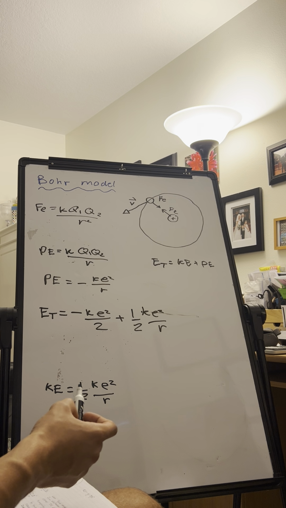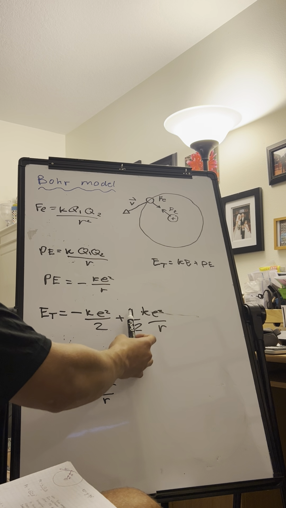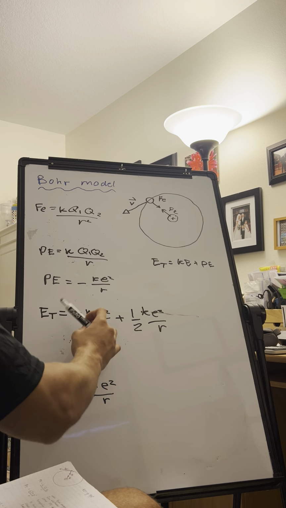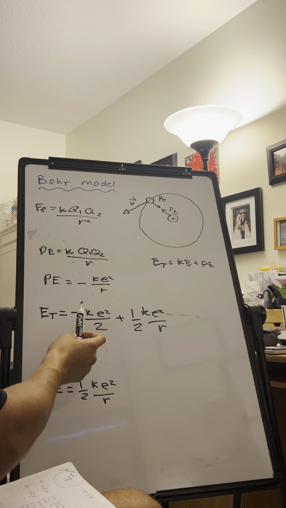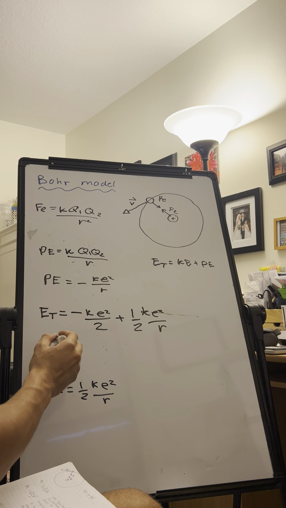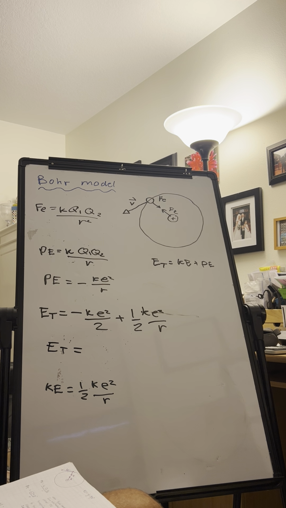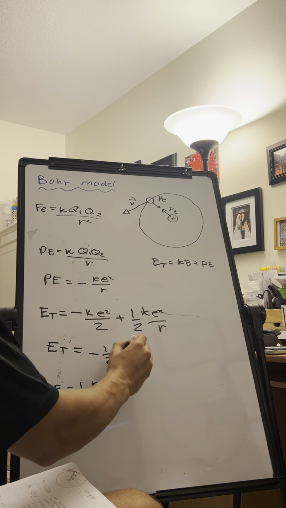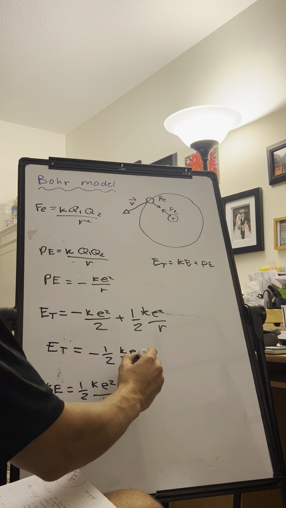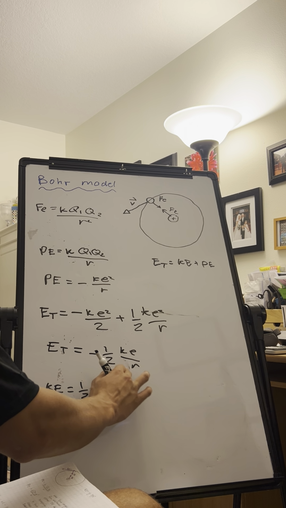Here we have a positive 1/2 and a negative 1 of the same thing. So 1/2 minus 1 is equal to negative 1/2. So the total energy is equal to negative 1/2, just like that.